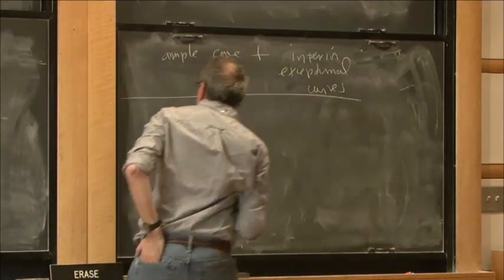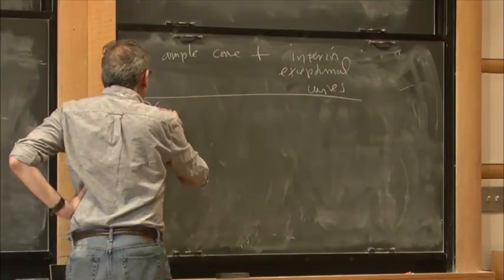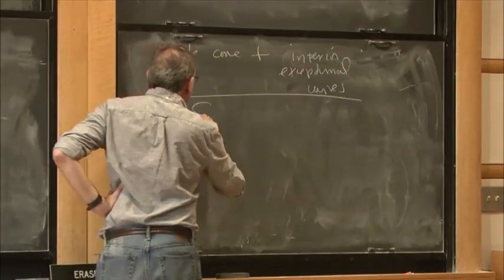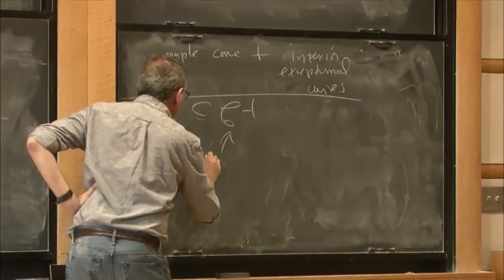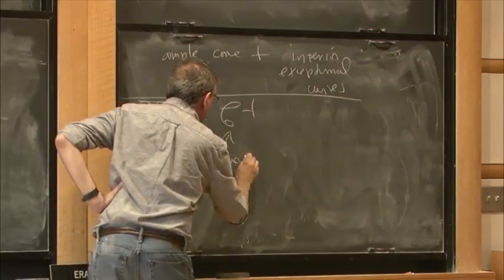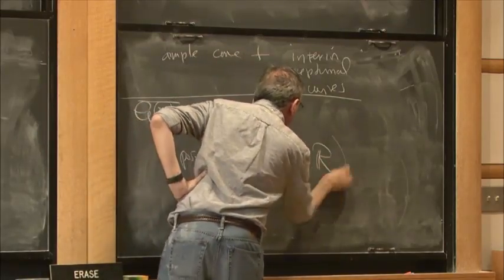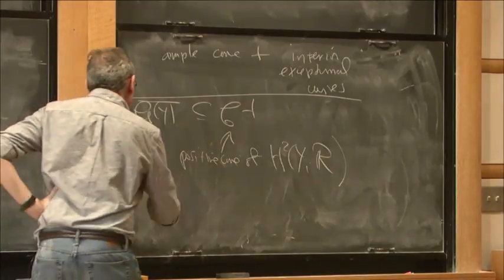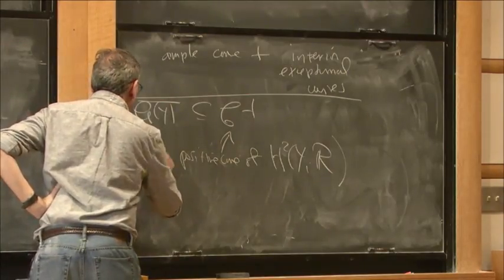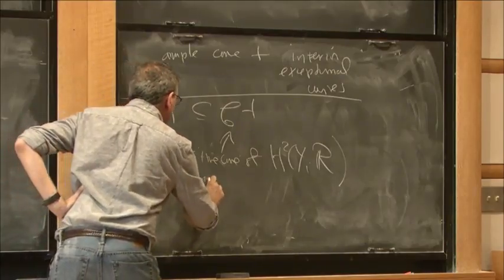So first of all, let me use the following notation. A of y bar, this is going to be the positive cone of H2 of Y with real coefficients, or rather the component containing ample divisors.